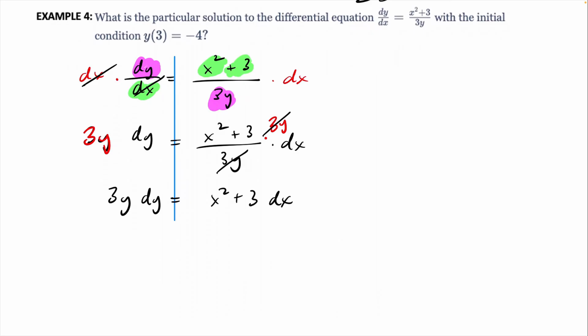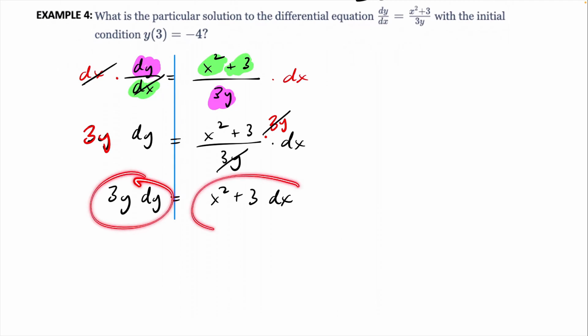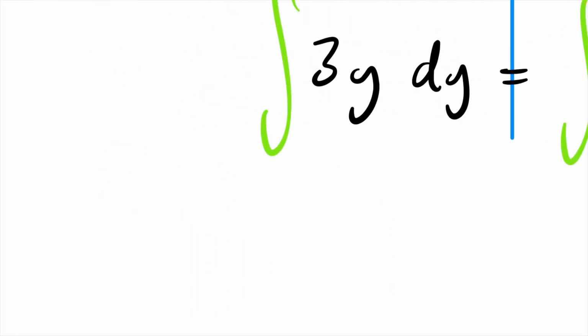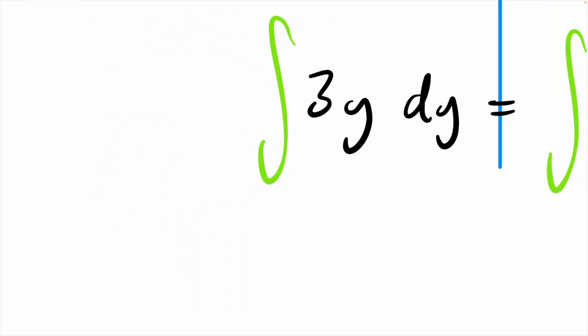Okay. Step 1 done. All y's, all x's. Step 2, antiderivative. One side at a time. What's the antiderivative of this side?